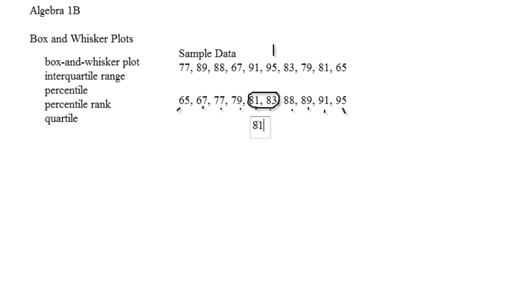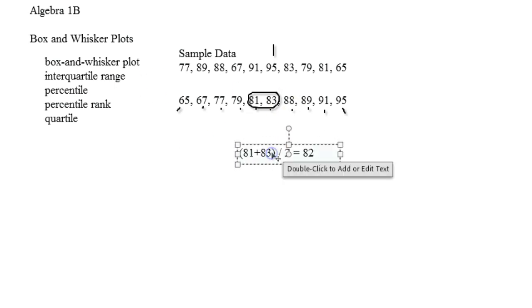So you would go 81 plus 83, with parentheses around this, and then divide that by 2, and that would be 82. So the actual median is 82. That's helpful.